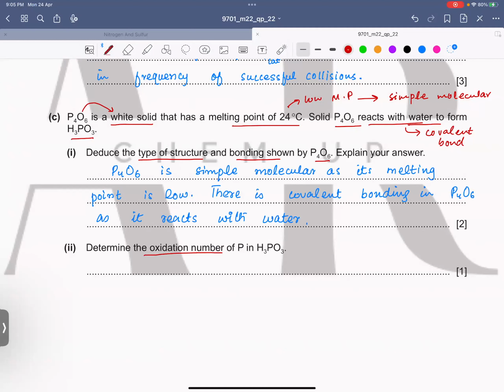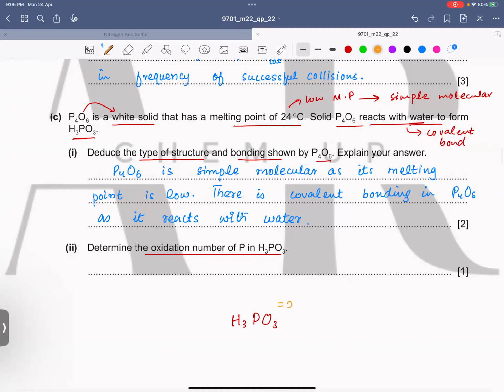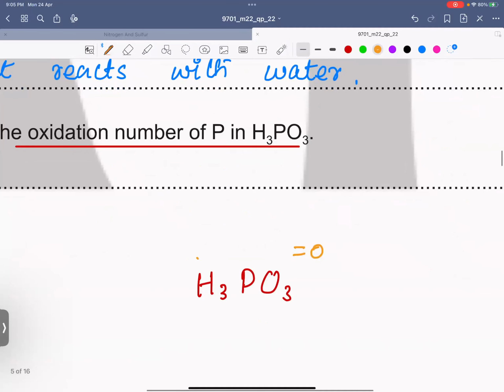Determine the oxidation number of P in H3PO3. +3. Yes, very good. So if we work it out, the net charge is 0. Hydrogen is +1. There are 3 hydrogen, makes it +3.